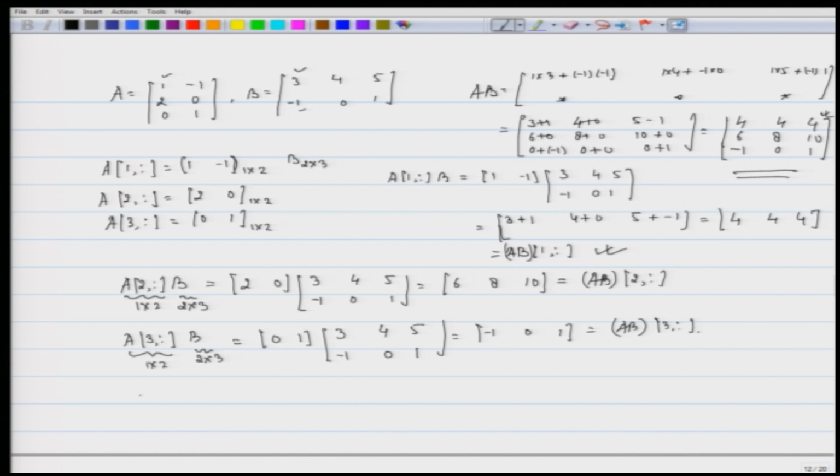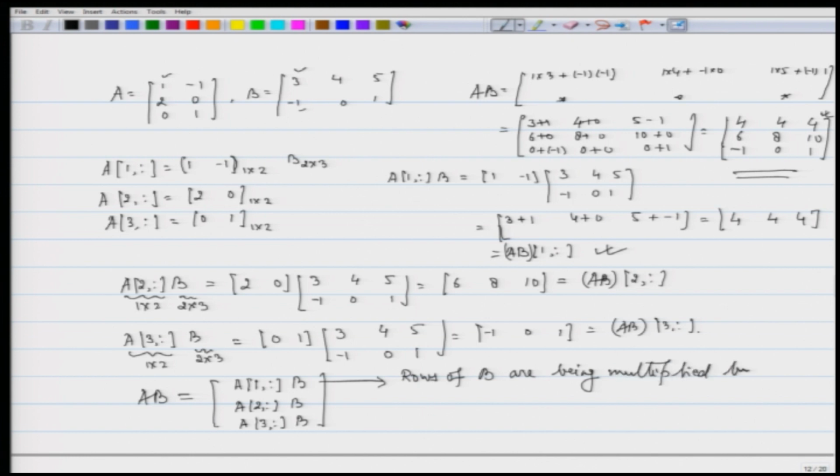So, if I look at AB, what we are saying is AB has this property which looks like this times B, this times B, this times B. So, here rows of B are being multiplied by the entries 1 and minus 1, the first row of A. All right. And therefore, we had A of 1 i.